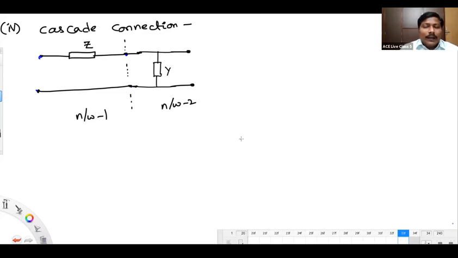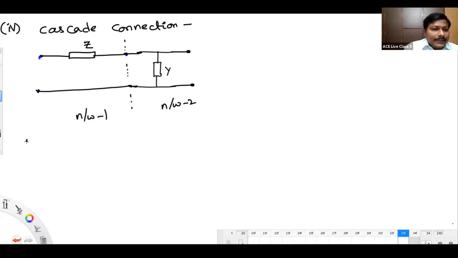What will be the resultant ABCD of this? A is not equal to 1 by D. In this case, you take the ABCD of network 1 and the ABCD of network 2 and multiply them to get the resultant ABCD of the cascade connection.